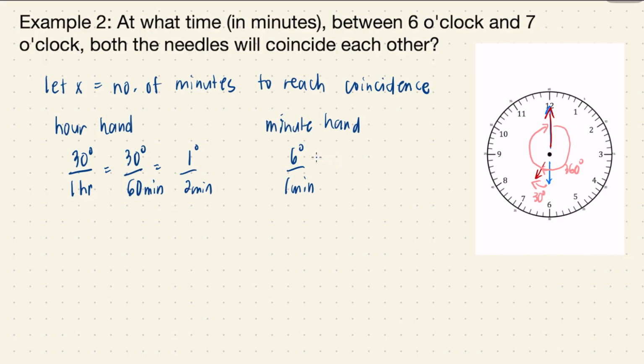So this will just be 6 degrees times x for the minute hand. And then for the hour hand, it's 0.5x.